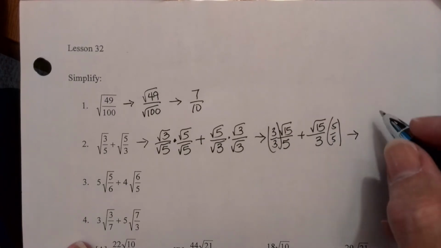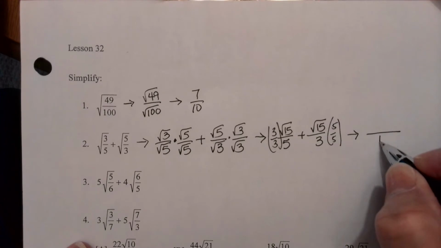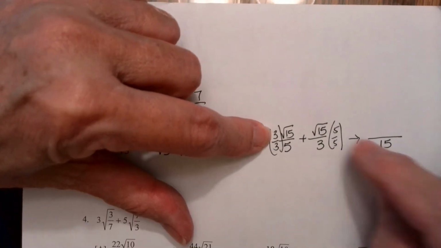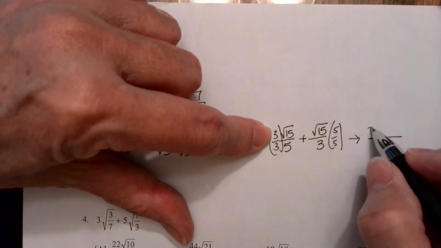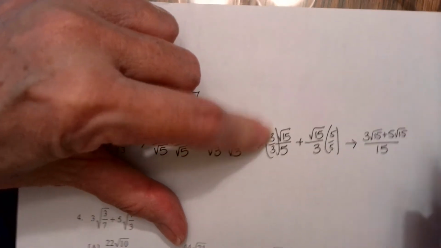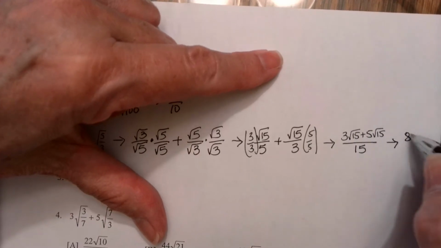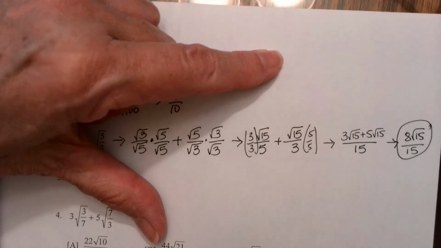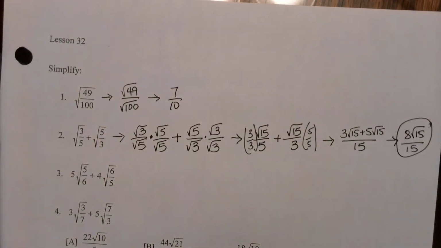So I'm going to end up with 15 on the bottom, and I get 3 times the square root of 15 and 5 times the square root of 15. So you add those together, you get 8 times the square root of 15 over 15. Those numbers, 8 and 15, can't be reduced. Okay?